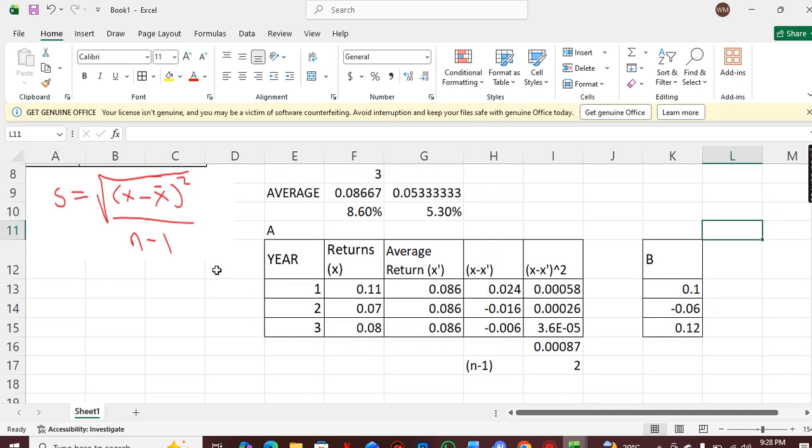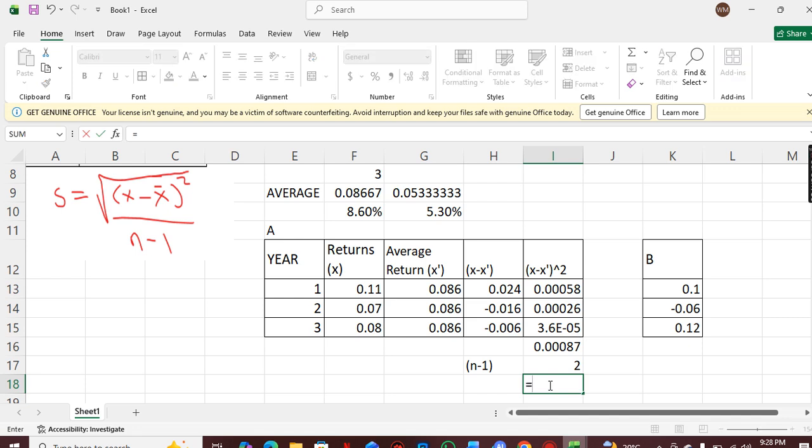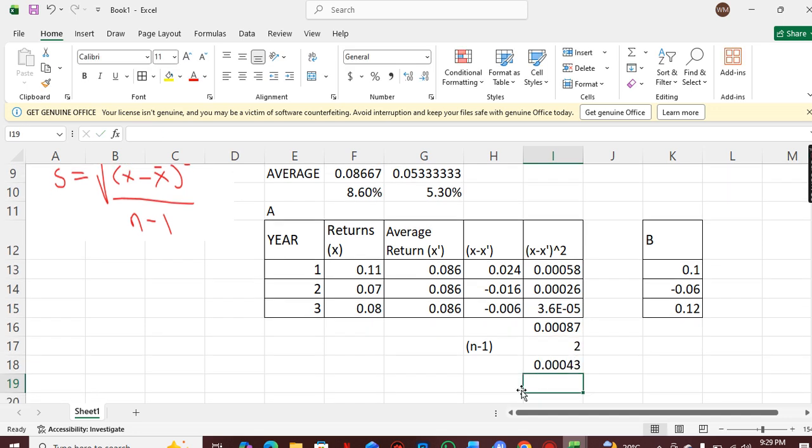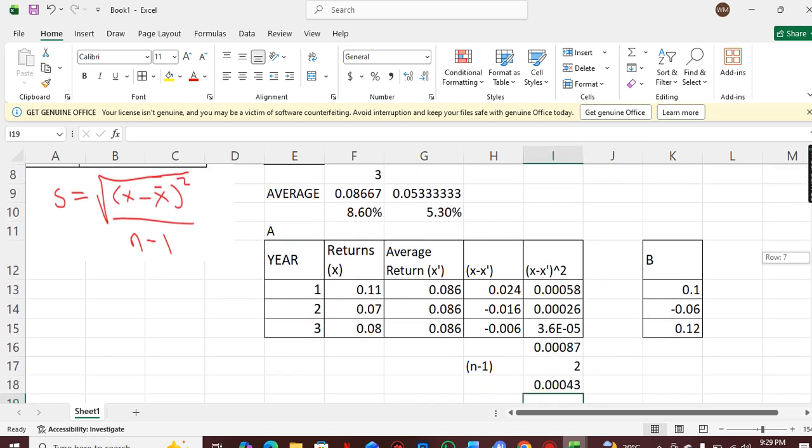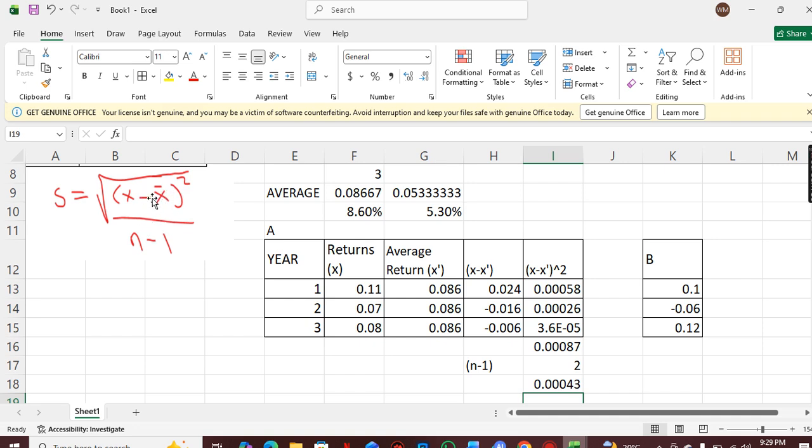So we're going to divide 0.00087 by 2, you get 0.00043. So here, colleagues, we have done the division.